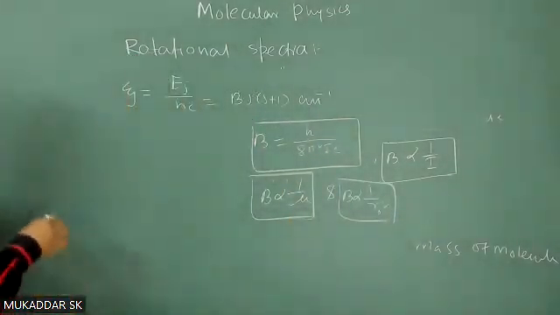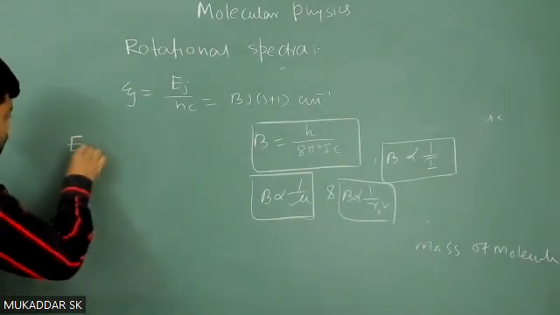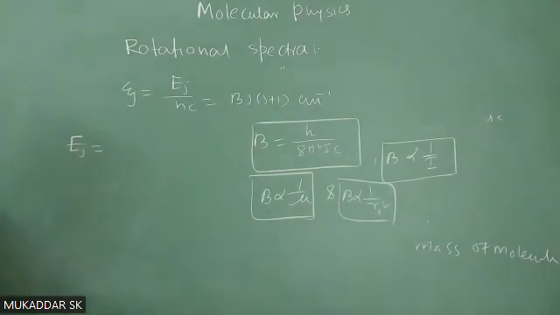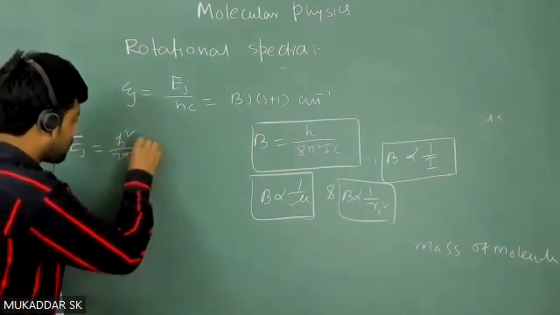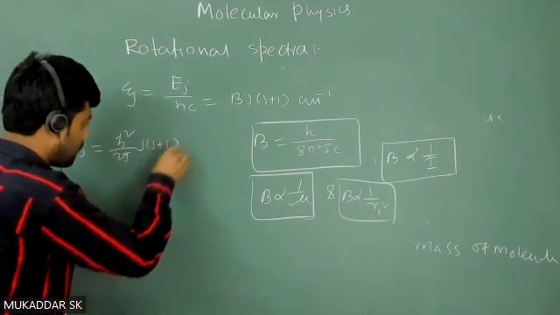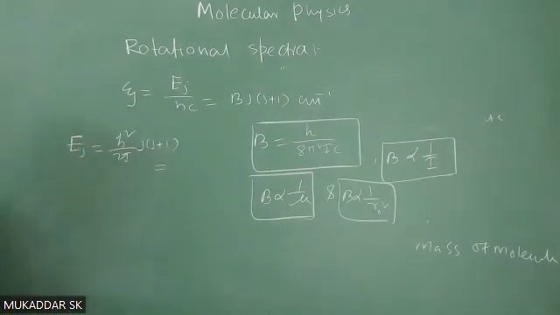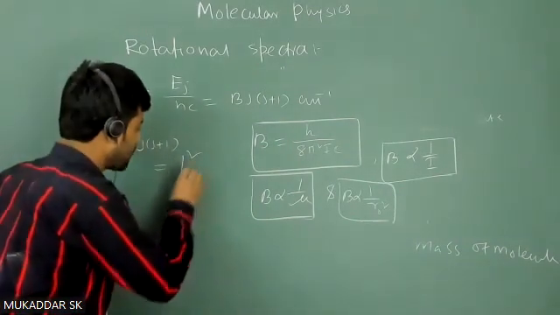In fact, जो आपने total energy लिखे थे EJ, this is the rotational energy, right? So this is nothing but h cross square by twice I, J into J plus 1, right? And this rotational energy means only rotational kinetic energy, right?